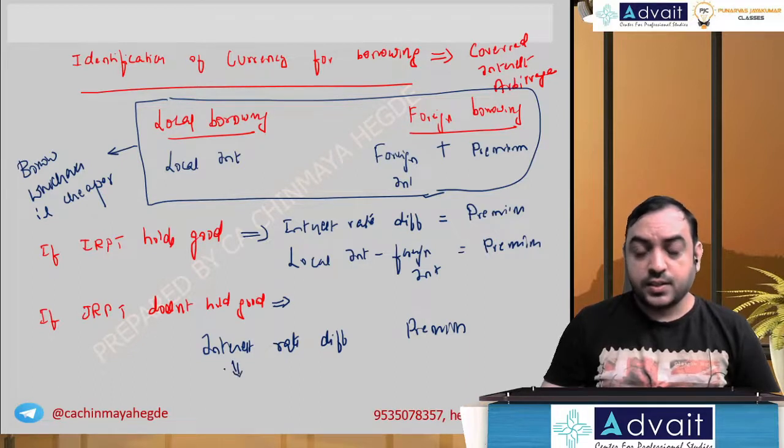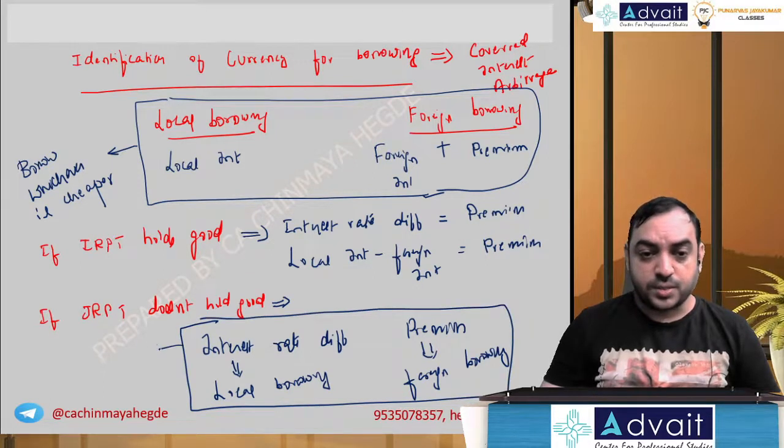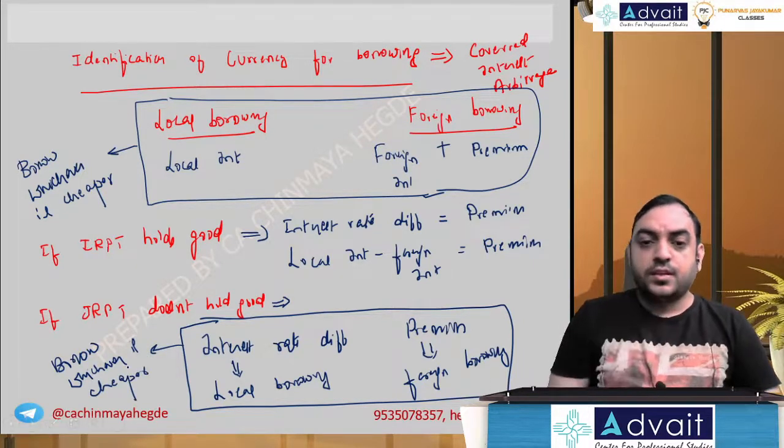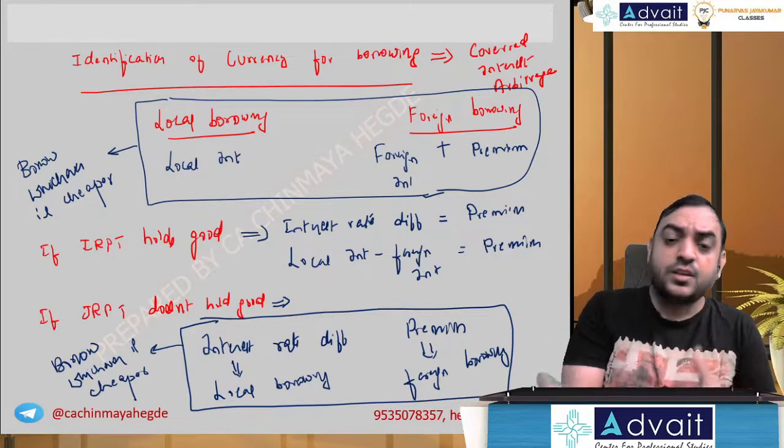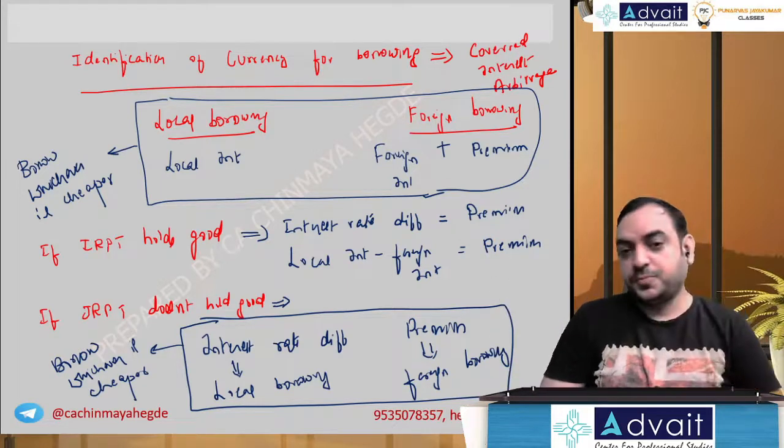Interest rate differential is for local borrowing, and premium is for foreign borrowing. Again, here also borrow whichever is cheaper, or invest whichever is higher, both ways. So if the interest differential is less, you borrow local currency. If the premium is less, you borrow foreign currency.